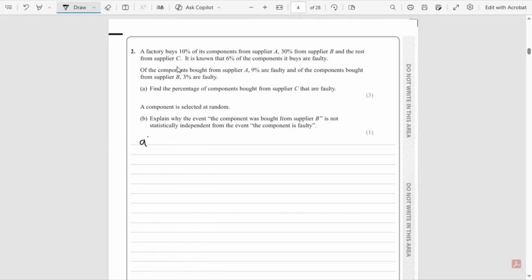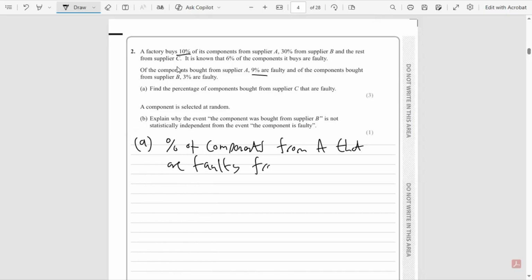Okay, so with this one, if we just think about supplier A to start with, 10% of the components come from supplier A and 9% of those are faulty. So what we can say is the percentage of components from A that are faulty, of the total, would be 10% of 9%.